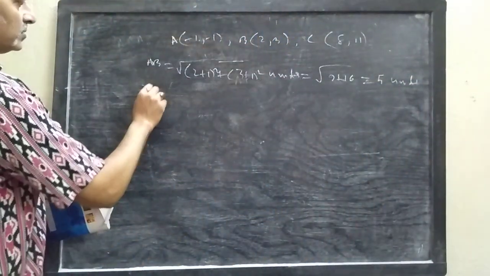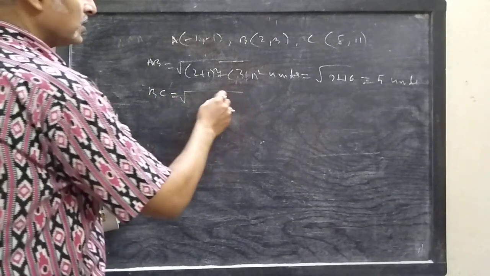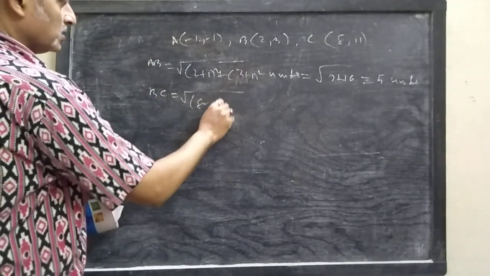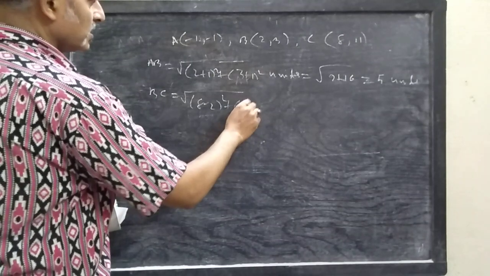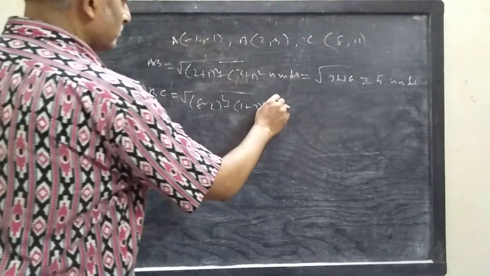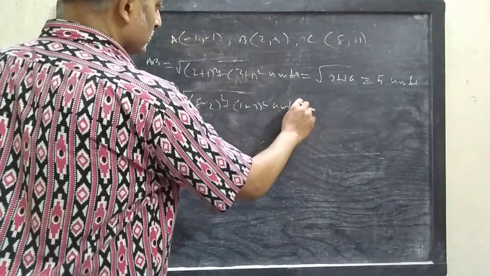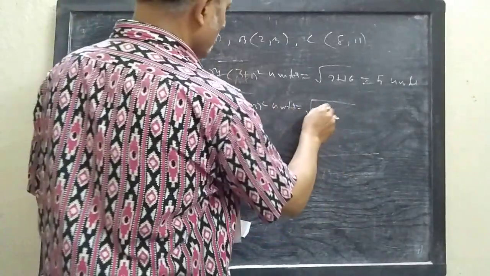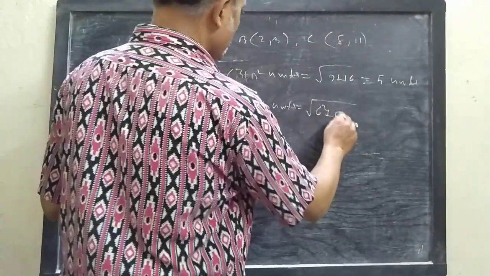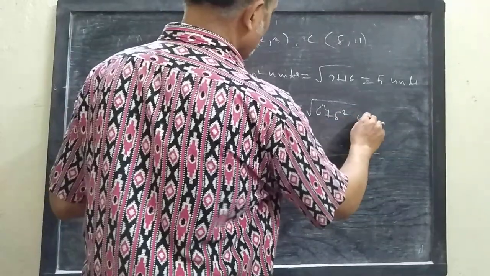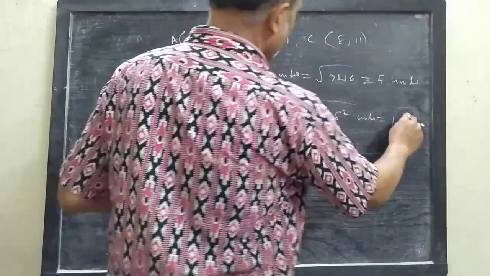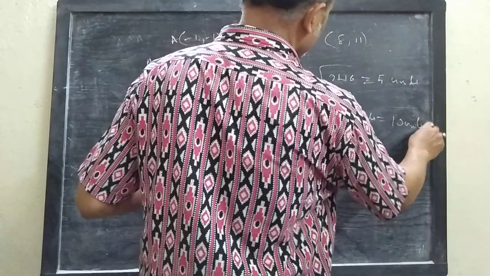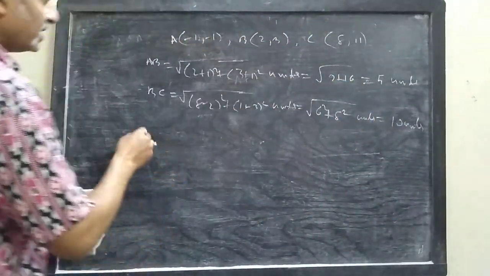Next find BC. 8 minus 2 whole square, 11 minus 3 whole square units. This will be 8 minus 2, that means 6 square, and 8 square, units, that is 10 units. Next find AC.